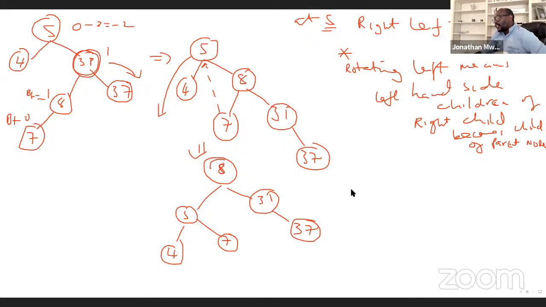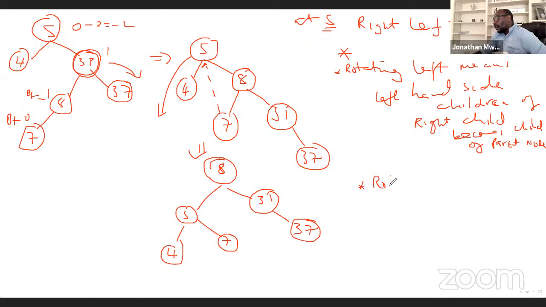Similarly, if we had the same kind of problem on the other side, we would also correct those problems the same way, right? For example, rotating right, if we are rotating something right and we had some children on the left child. So this is what it means here.